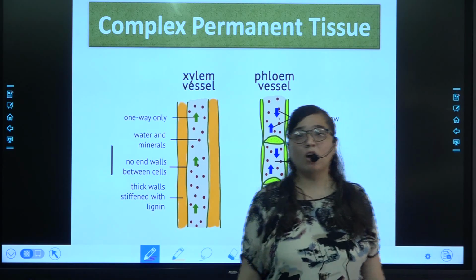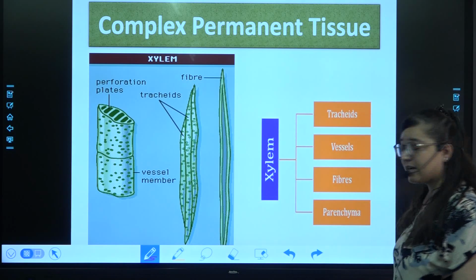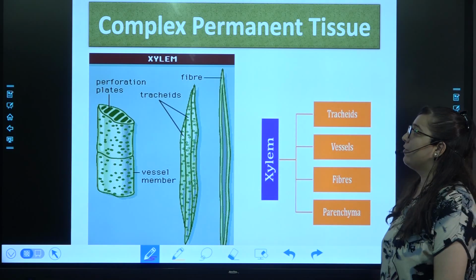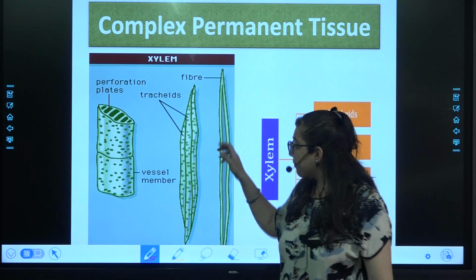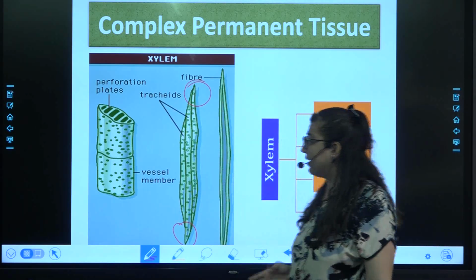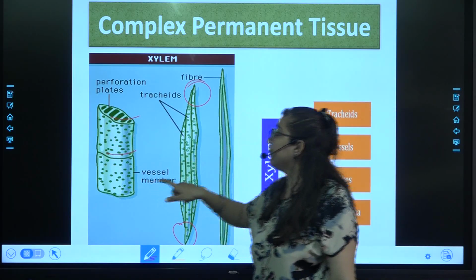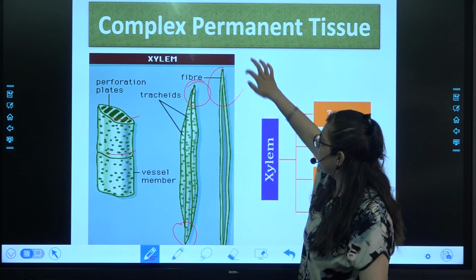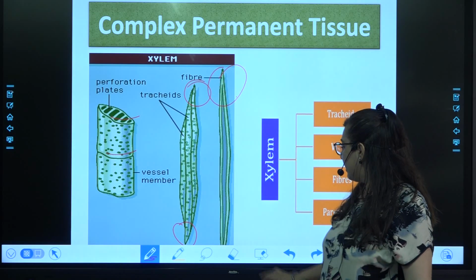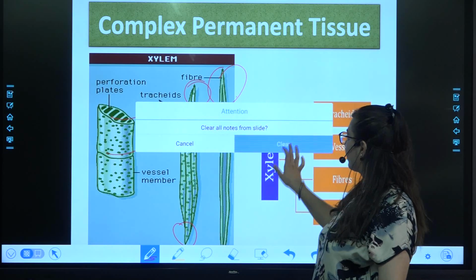Then about all its four parts, that is vessels, tracheids, fibers and parenchyma. Tracheids, you can see over here, they are tapered towards the end, and the lumen is quite wide. Vessels, they are stacked one over the another. Coming to the fibers, then you can see that how they are arranged.